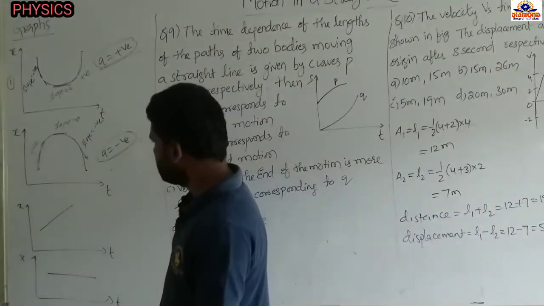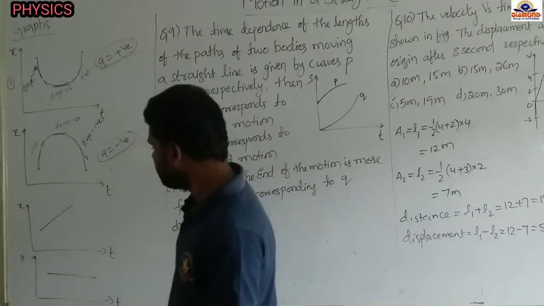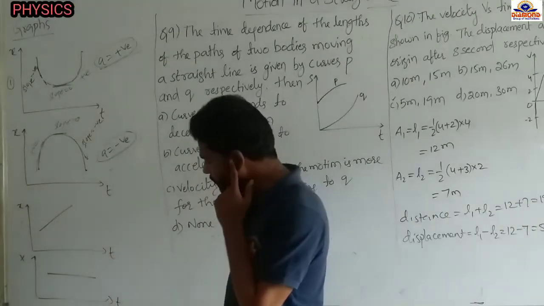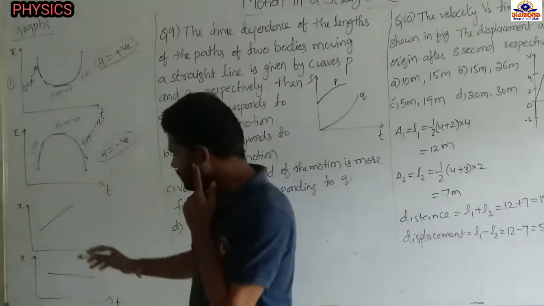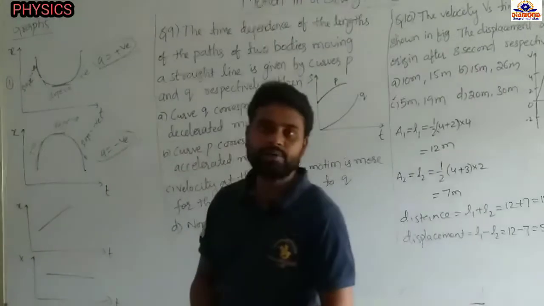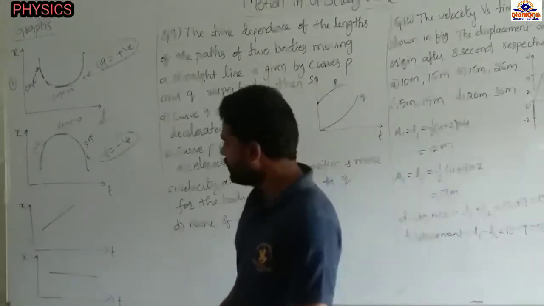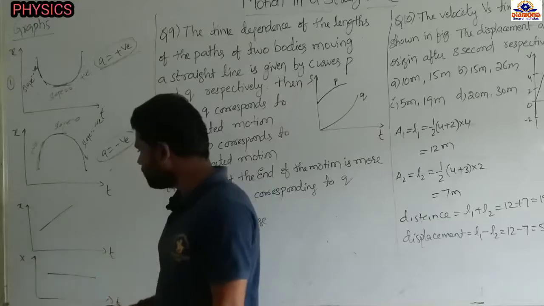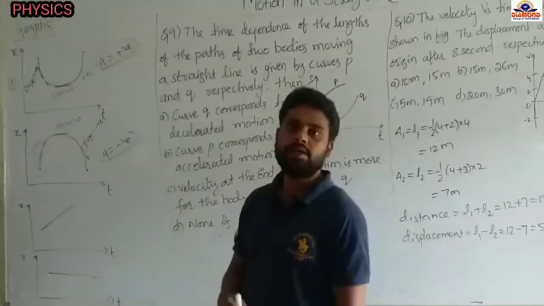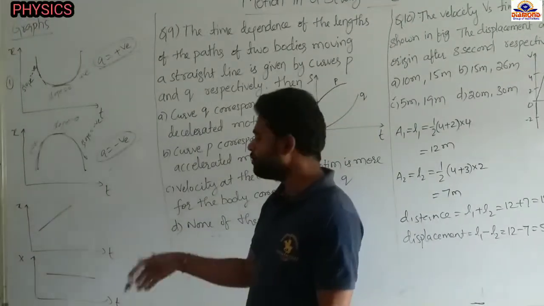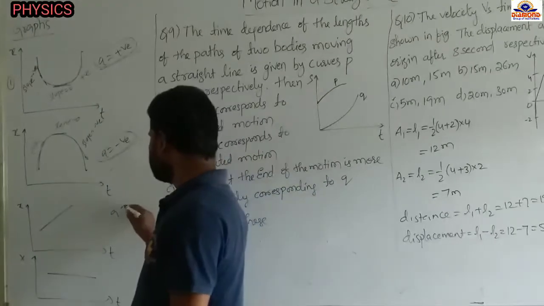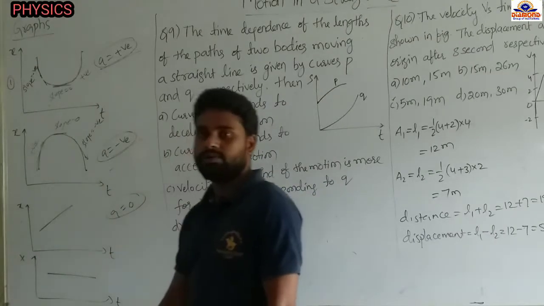Okay, remember this case. Next, the third graph between displacement and time is a straight line, uniform motion. If the displacement-time graph is a straight line, then the body is moving with uniform velocity. If it is moving with uniform velocity, acceleration equals 0.